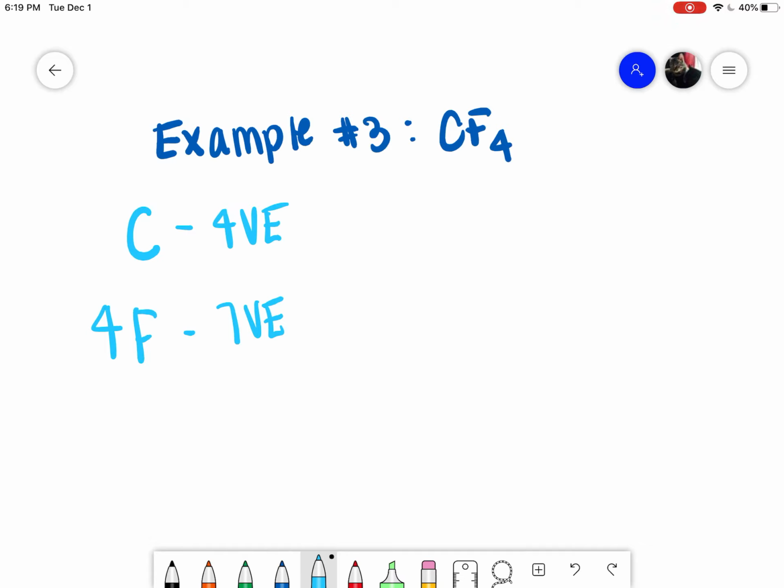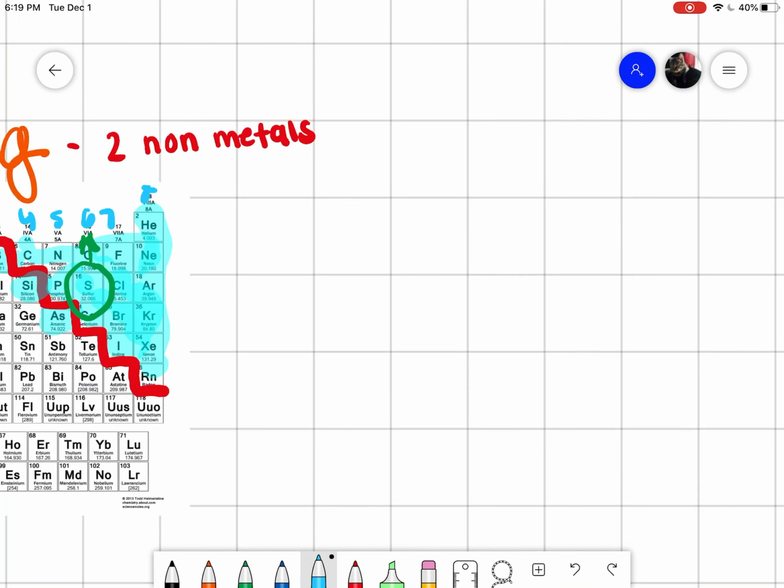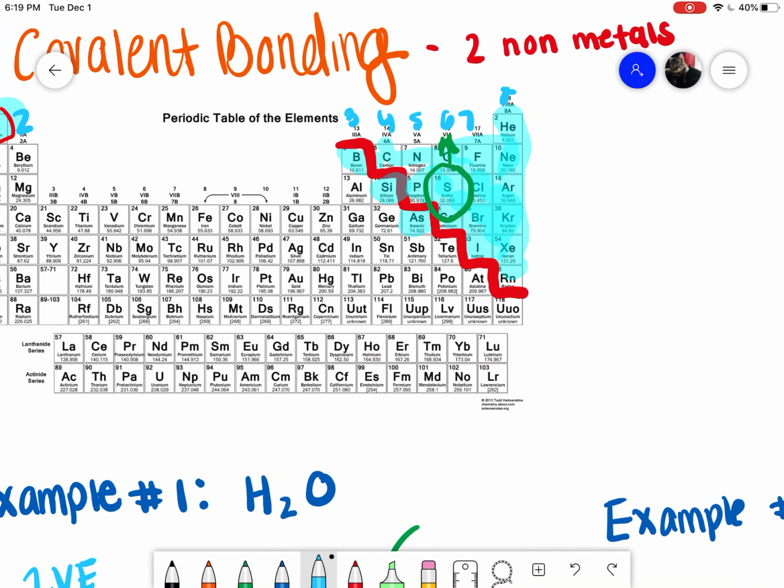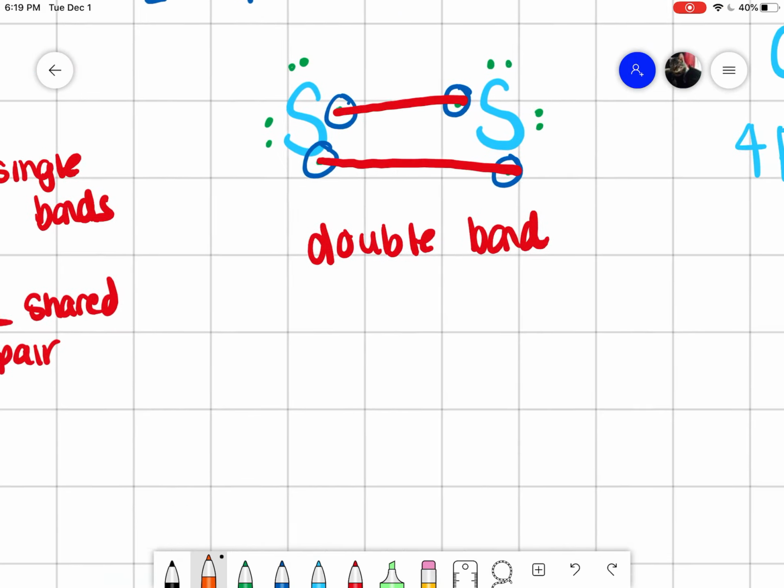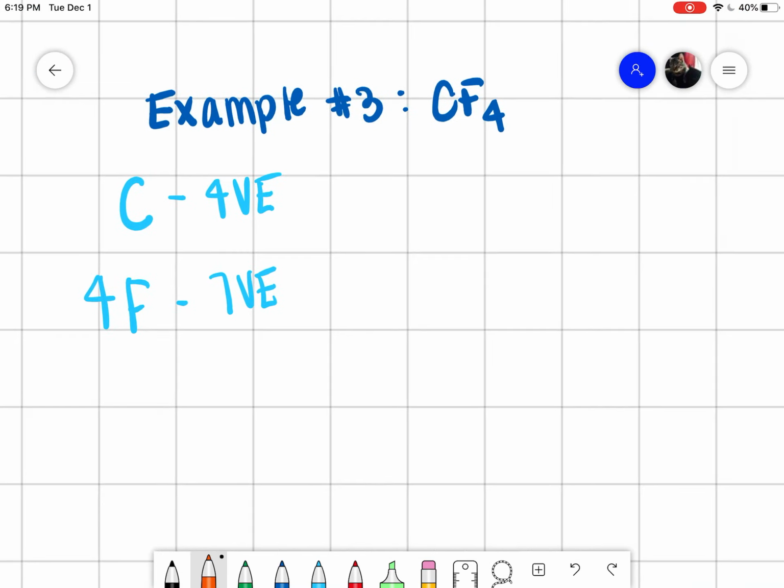And if you're wondering where I got those numbers from, if you find carbon and fluorine on the periodic table, so here's carbon, here's fluorine, the number of valence electrons is this number above on the column. That is where I got those numbers from.